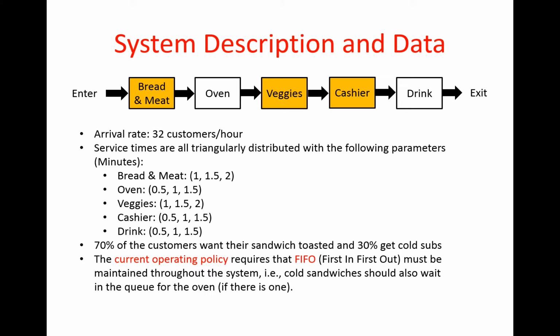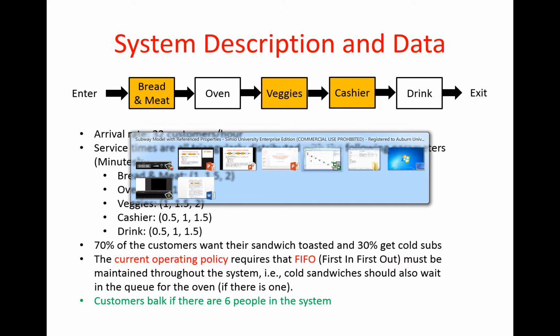In other words, customers that want cold sandwiches cannot pass those that are waiting in the oven station to have their sandwich toasted. And also we have balking: whenever customers arrive, they look at the number in the system, and if there are more than 6 people in the system, they will balk.